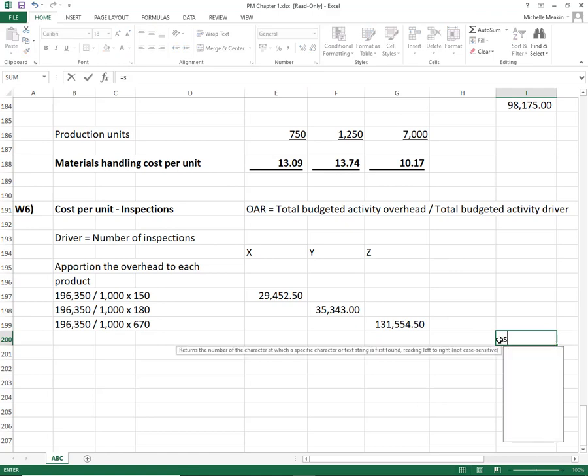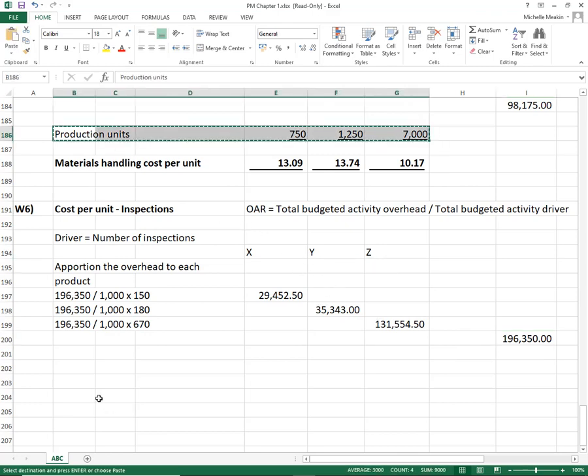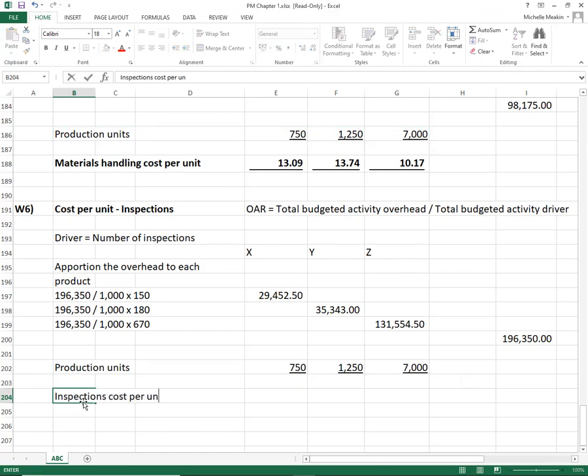Again, I'm going to just cast that down very quickly just to make sure I have split the cost appropriately, which I have. I will take down the number of production units to work out an inspections cost per unit.